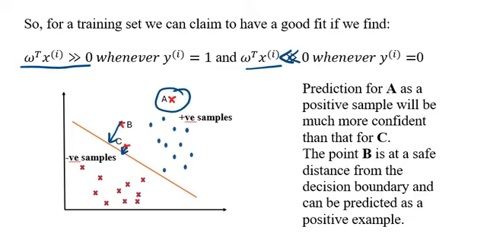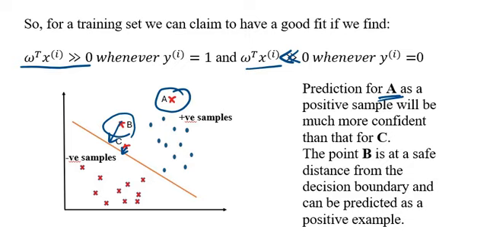So, our prediction regarding the data point A would be very confident as a positive sample. For C, we might be slightly shaky because it is too close, and any change in the boundary would push it to the other class, the negative class. And point B, however, we can claim is quite safe.